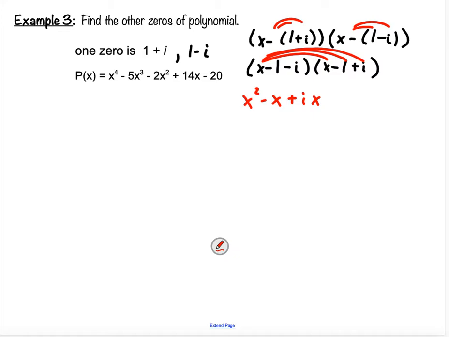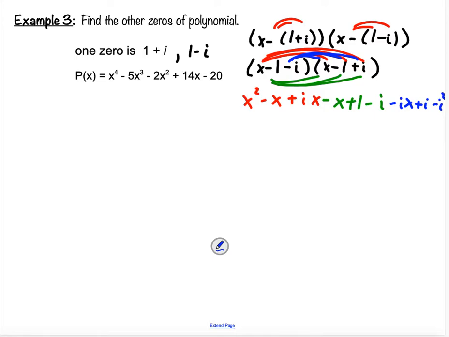Now I'm going to distribute my negative 1 through. So then I get a minus x plus 1 minus i. Now I'm going to distribute my minus i through. So then I get a minus ix plus i minus i squared.